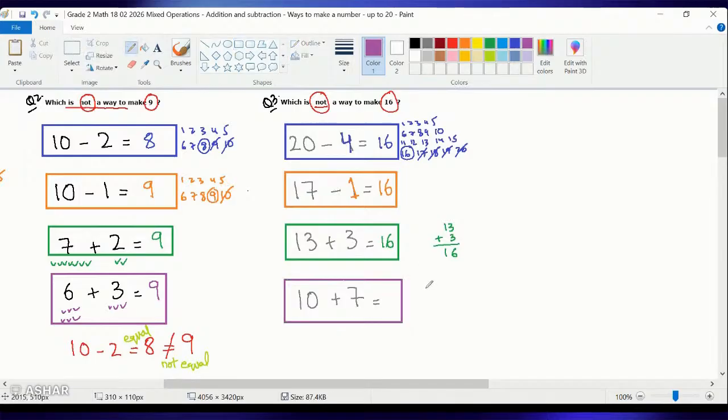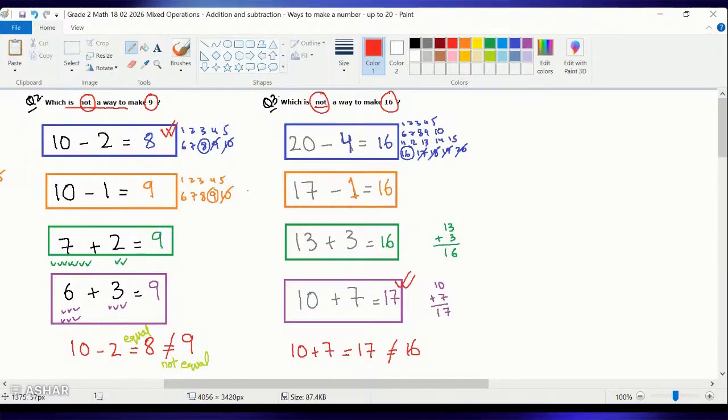We know that we have a 10 plus 7. 0 plus 7 is 7 and 1 comes as it is. That means this is 17. Agreed? So we had to make a 16. So we can write 10 plus 7 is equal to 17, which is not equal to 16. Agreed? So this option is our answer.